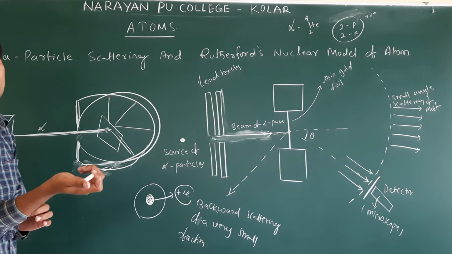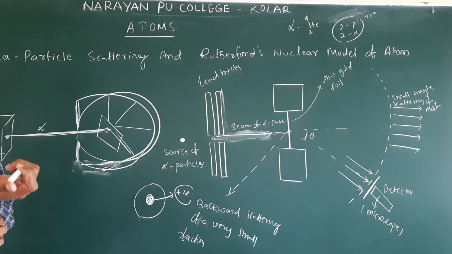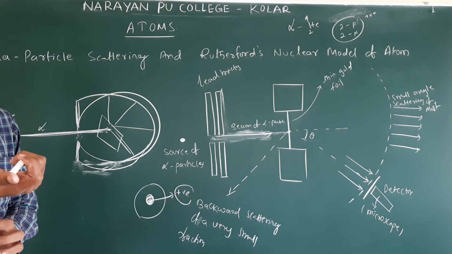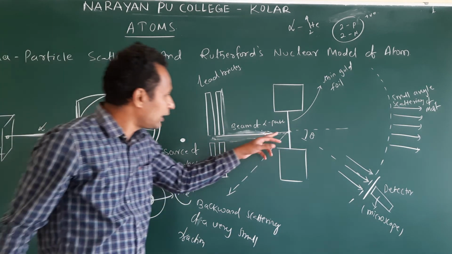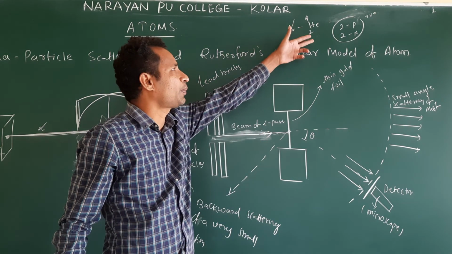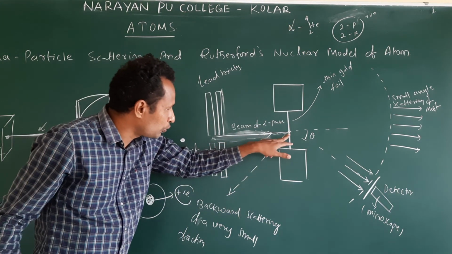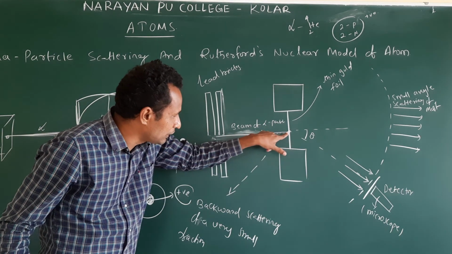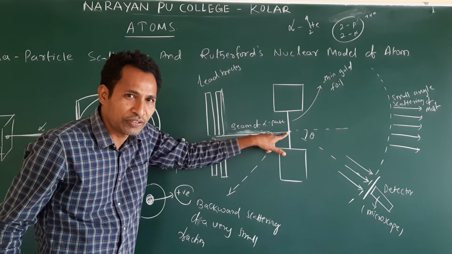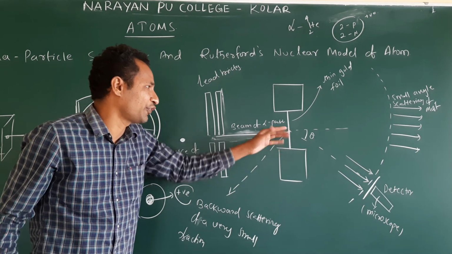When it reflects back, according to electrostatics, like charges repel. Here what happened? The alpha particle is repelled back. So alpha is a positive charge, and the one which is close to the nucleus, which falls on the center of the atom, reflects back.